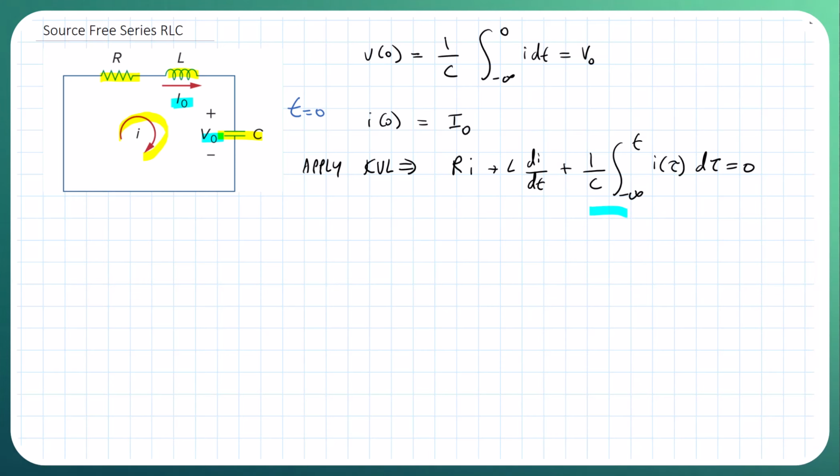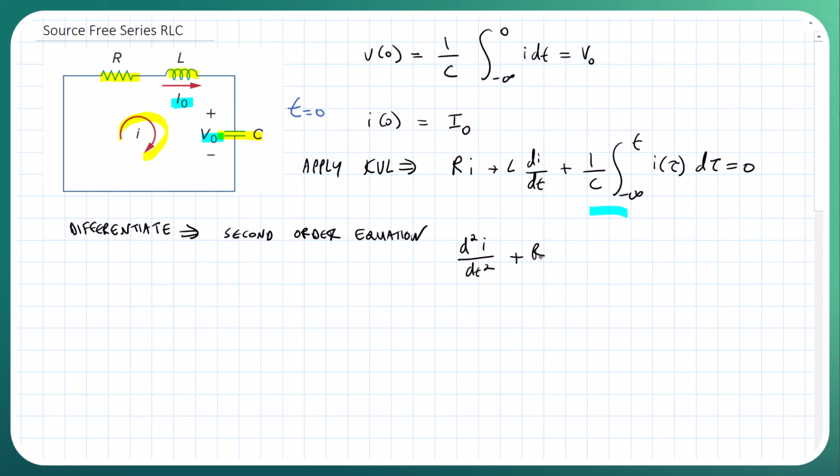By differentiation. Okay, so we want to differentiate this equation, and if we do that, we come up with this second order equation, and that's going to be d squared I over dt squared plus R over L di over dt plus I over LC, all equals 0.